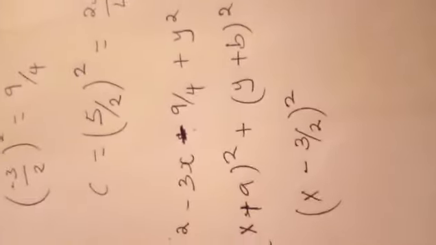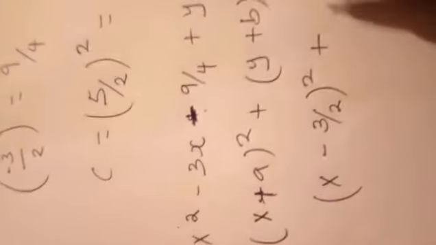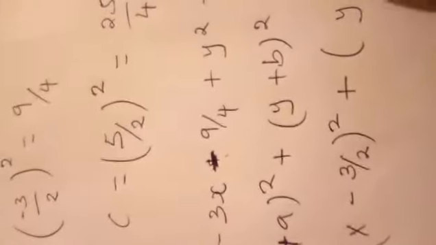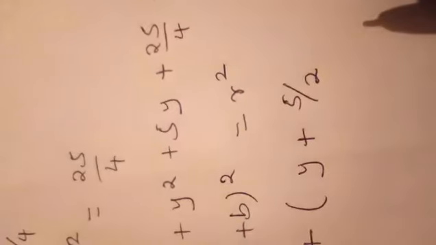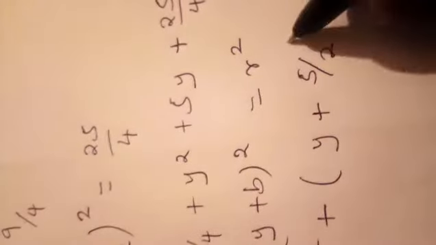We square this, x minus 3 over 2 plus, we open the brackets, it is now y plus p is actually 5 over 2. It is 5 over 2. We square this, it gives us r squared.